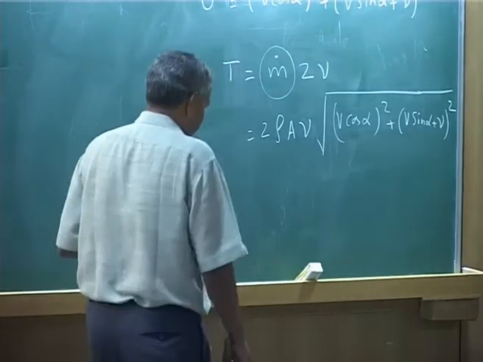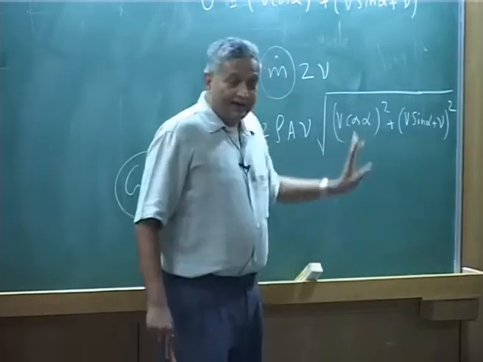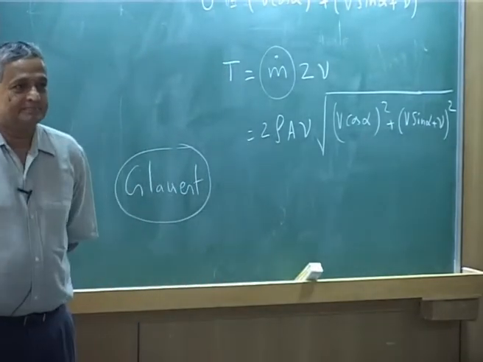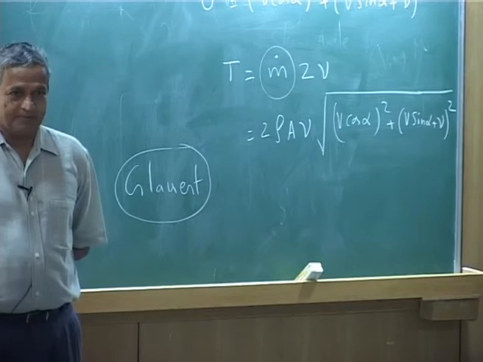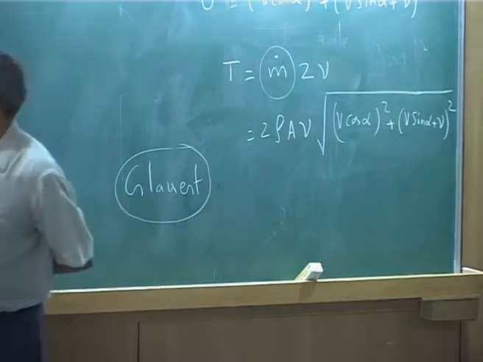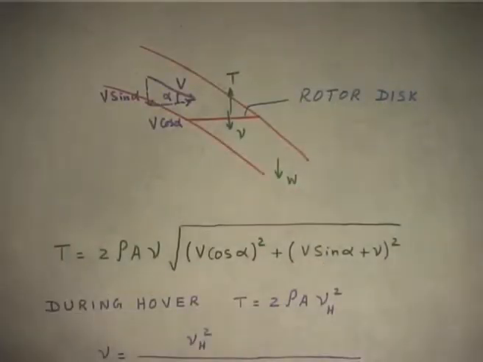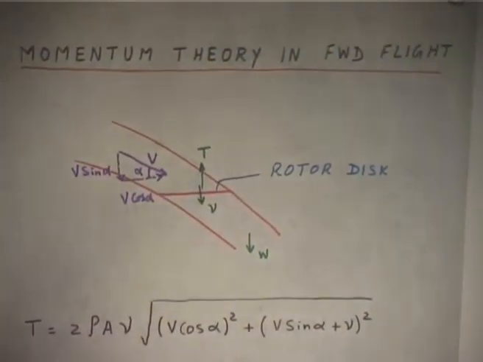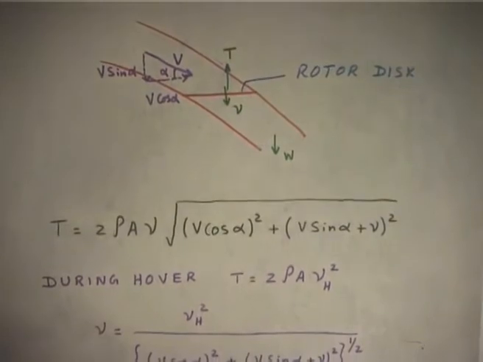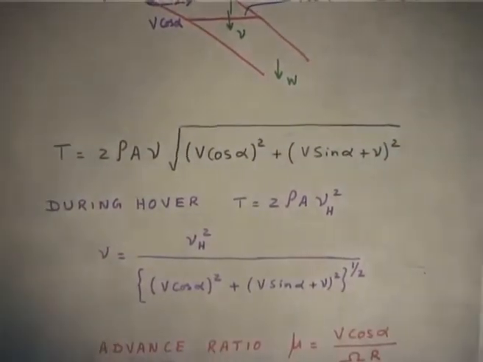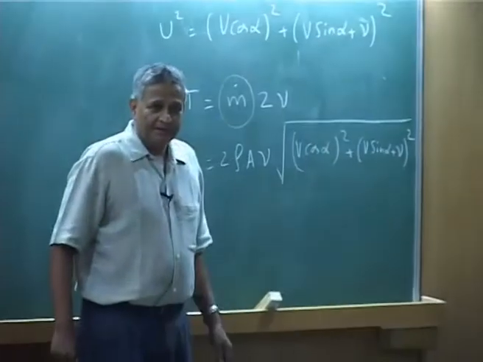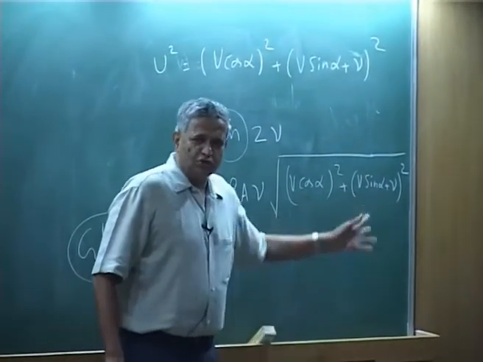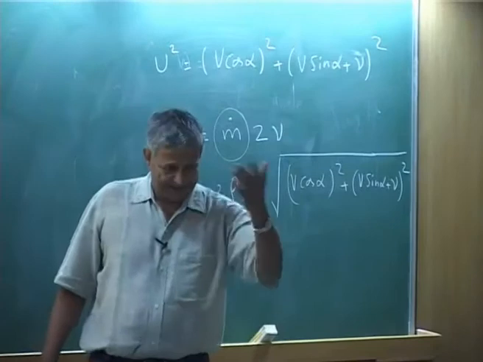If alpha is 0, I am flying like this, then this becomes the limit alpha is 0, a very high speed flight, and you can simplify this entire expression because nu is small, V is very large.